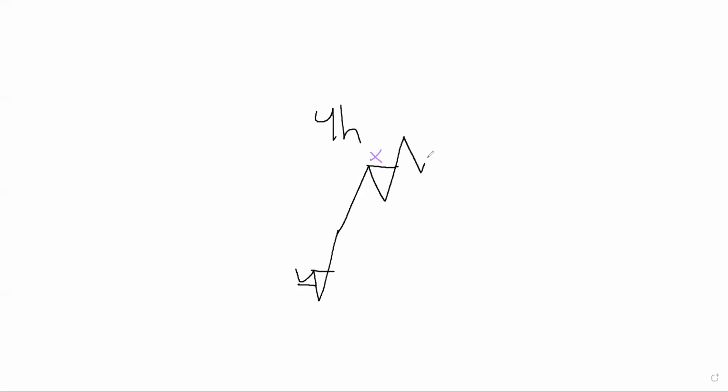Price does this, retraces. There's nothing here. There's nothing here. There's no three candle formation. Our three candle formation is right here. Nothing happens. Finally, it breaks. After it broke out of that three candle formation on the 4-hour time frame, then that's a BOS for us.